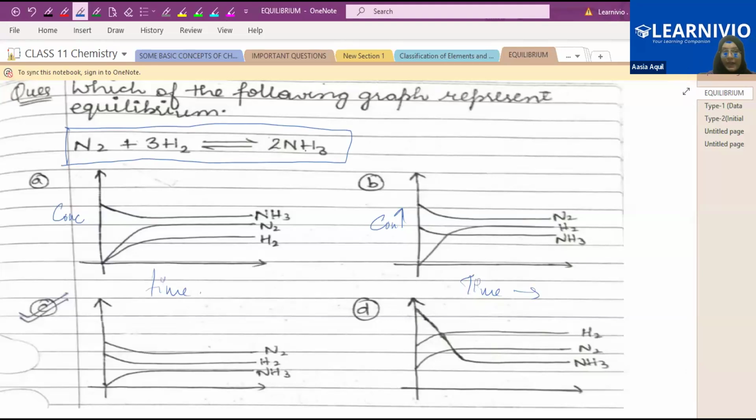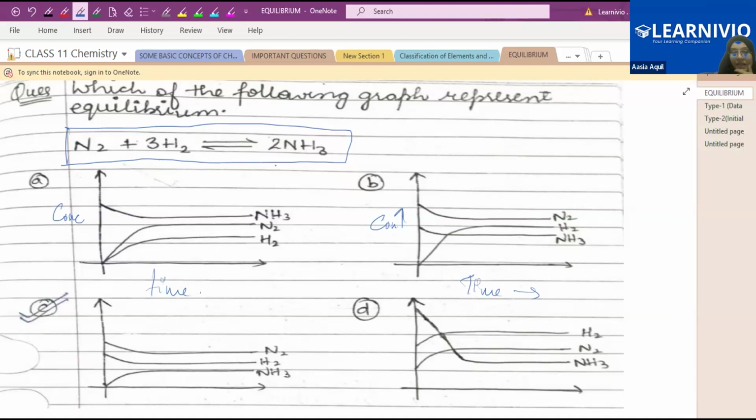Just analyze all the graphs A, B, C, D. Okay, so let me ask you one by one.